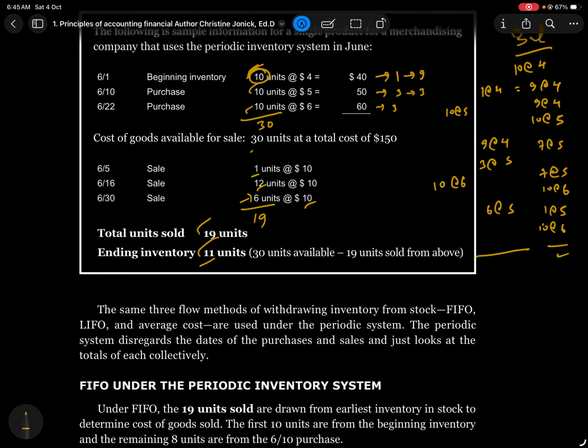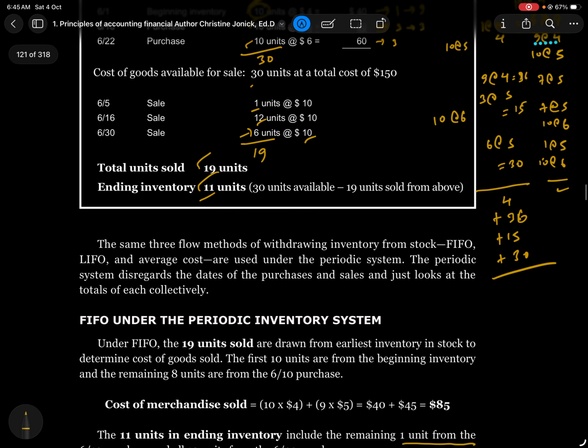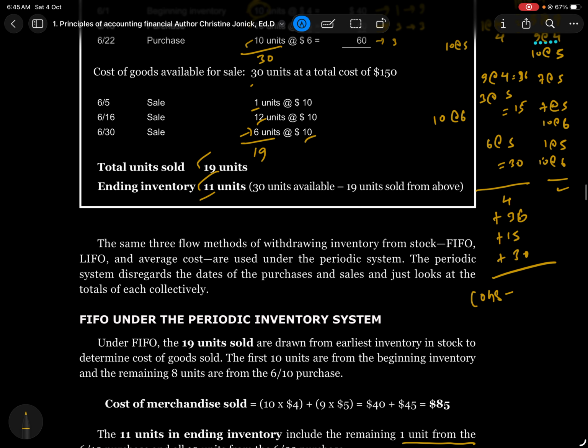So it would be $4 for this, 36 over here, and 15 over here, and 30 over here, right? So it would be 4 plus 36 plus 15 plus 30. Okay, this would be our COGS basically.